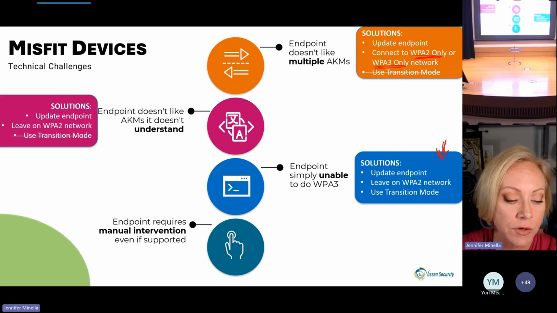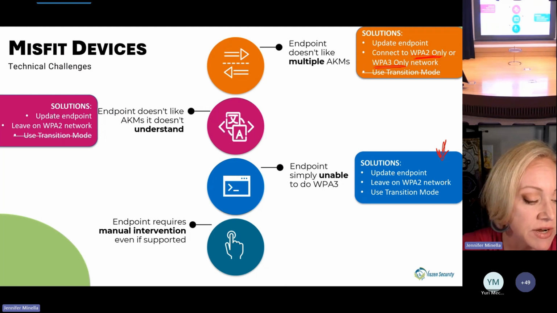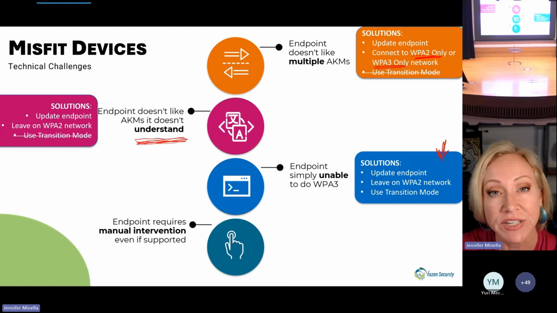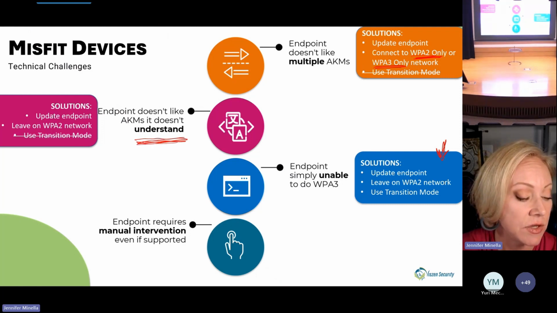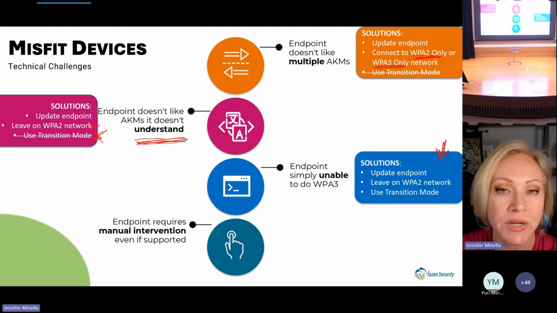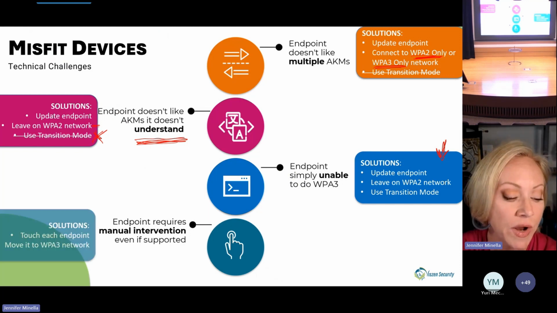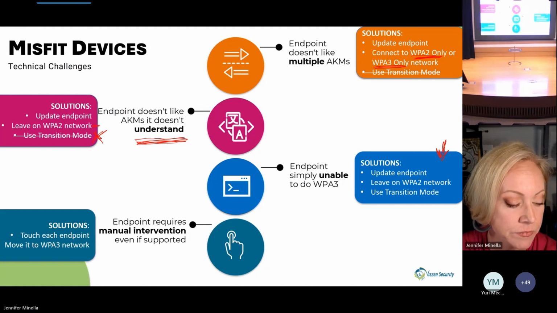That third pink one that I think is really the hot button item and challenging right now is if it just spazzes out and stops trying to work when it sees an AKM it doesn't understand, that means you can't use a transition mode network. So in this particular case, you probably just want to leave it on the WPA2 network. And here's then where we're getting to running those two networks in parallel.